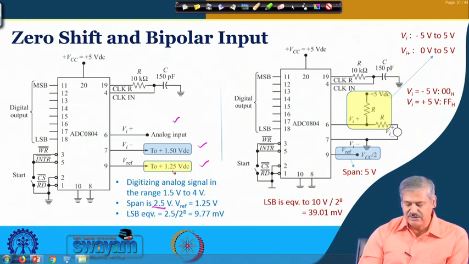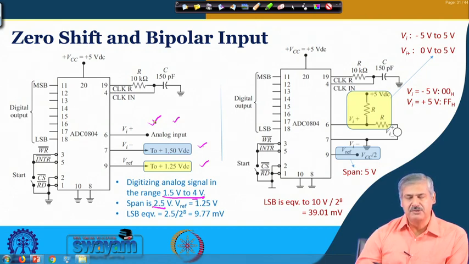So, the lower range is 1.5 volt, and 1.5 plus 2.5 is 4 volt. So, the analog input is now going up to 4 volt. That is the range 1.5 volt to 4 volt that you can do through this particular arrangement.